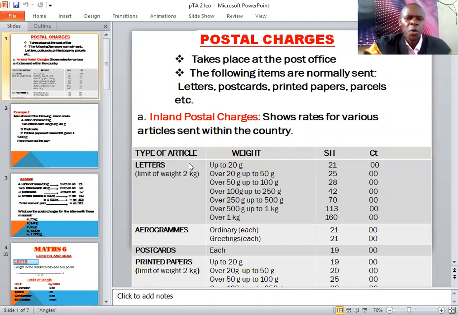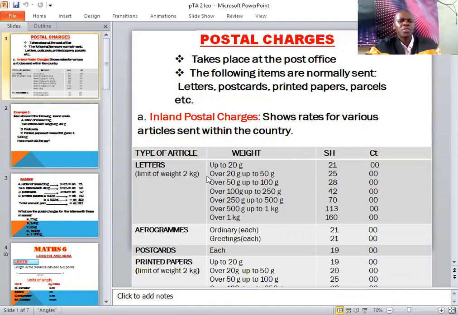Now, we normally have the item being sent. That item can be weighed to get the mass. And then we have this column showing the charges for that particular item.